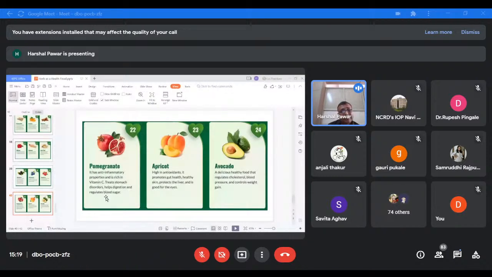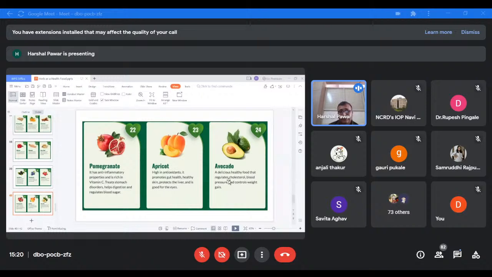Right, it also contains vitamin C. Apricot, it is rich in antioxidant components, and this is the last component, avocado. Right, so this is cultivated especially in the United States in the Mexico region, and this particular drug reduces the level of cholesterol, blood pressure, and also controls the weight gain.